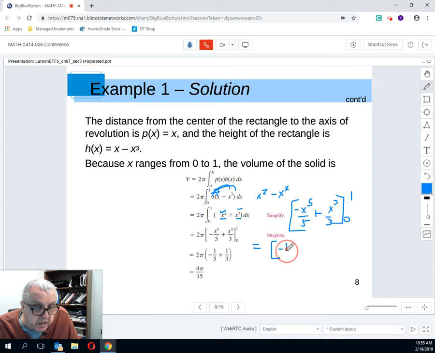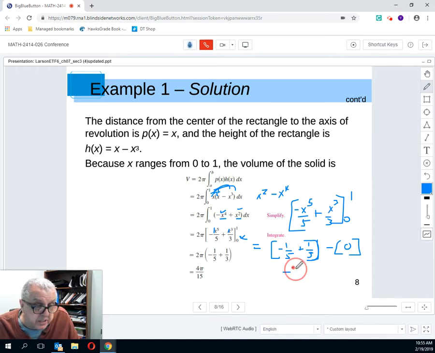You get negative 1 to the fifth is 1. And then you plug a 1 into here. 1 to the third is 1. Then you plug 0 in. And if you plug 0 in, you just get 0 for everything. So I'm left with negative 1/5 plus 1/3.